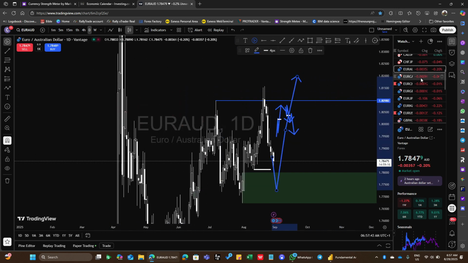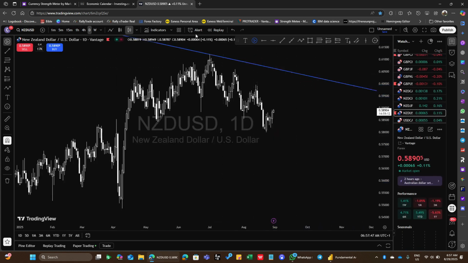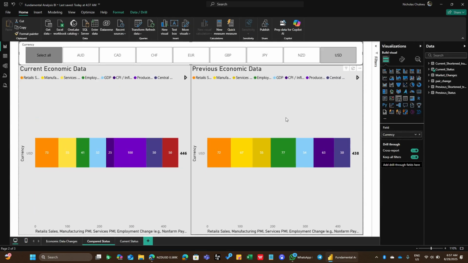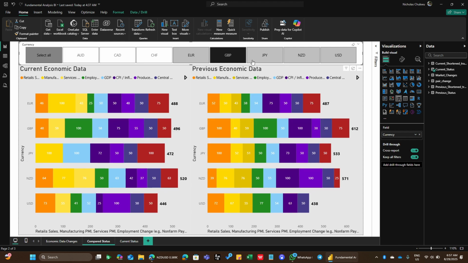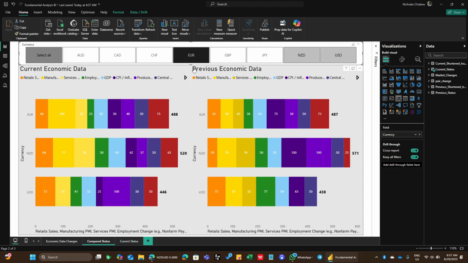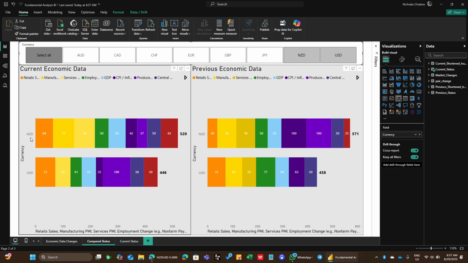Now let's go back to the New Zealand dollar, US dollar. So recently, let's take a good look at those two pairs in particular. We're looking at the New Zealand dollar against the US dollar, and we still see very tremendous strength from the New Zealand dollar.